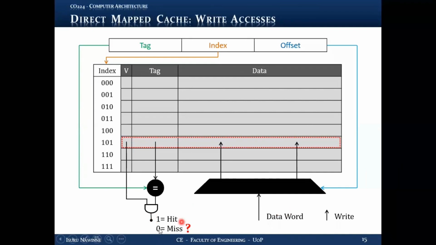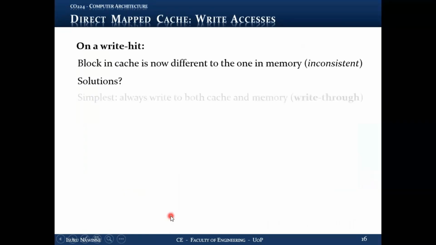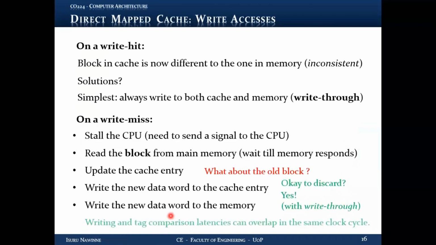So in both the cases, a hit or a miss, it's fine to overlap the time of writing, the time that it takes for the data word to go through this demultiplexer into the correct word and update the cache entry, along with the extraction of data and the tag comparison. So it's fine to overlap that time.